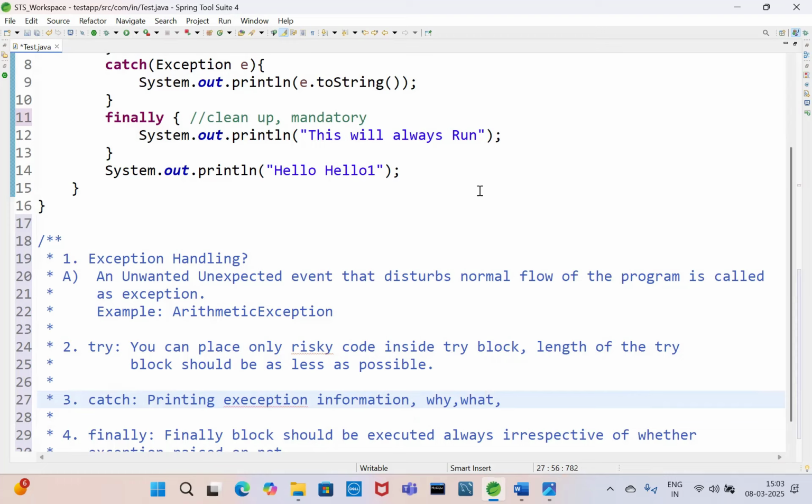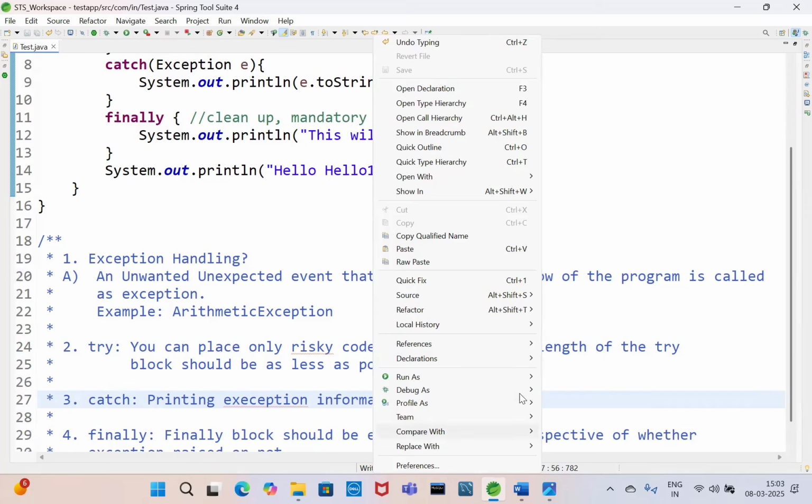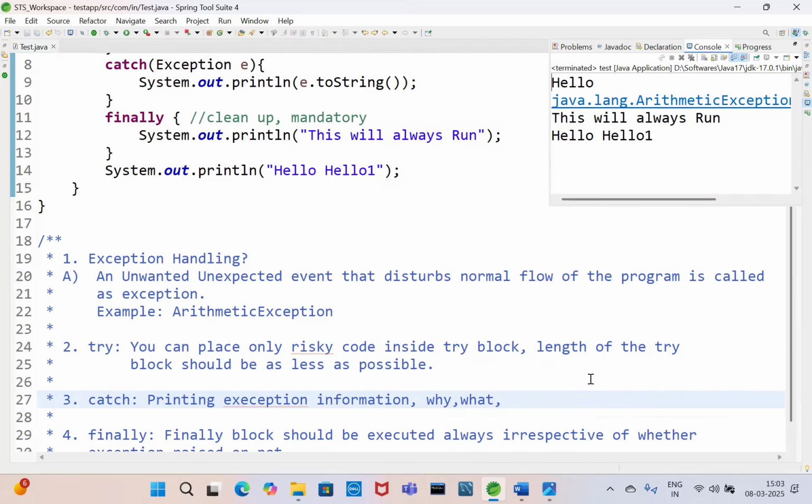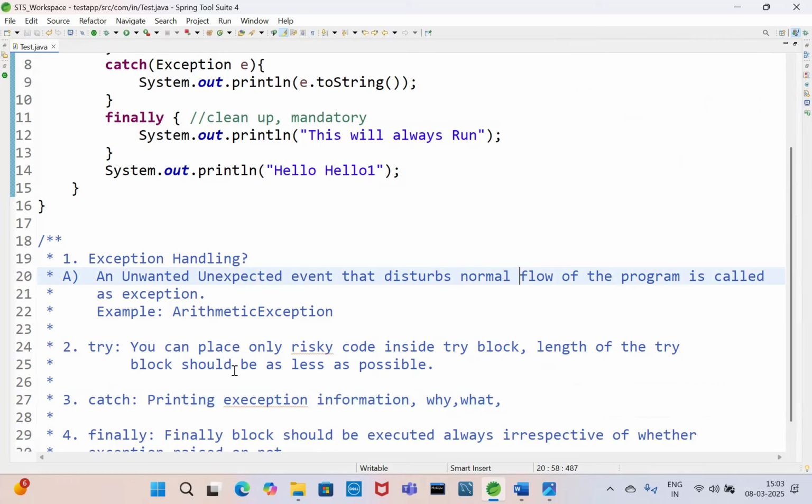If I run a Java application, see, this is the exception, arithmetic exception raised. Why was this exception raised? Divided by 0. So the catch block prints exception information either in sysout or a log.